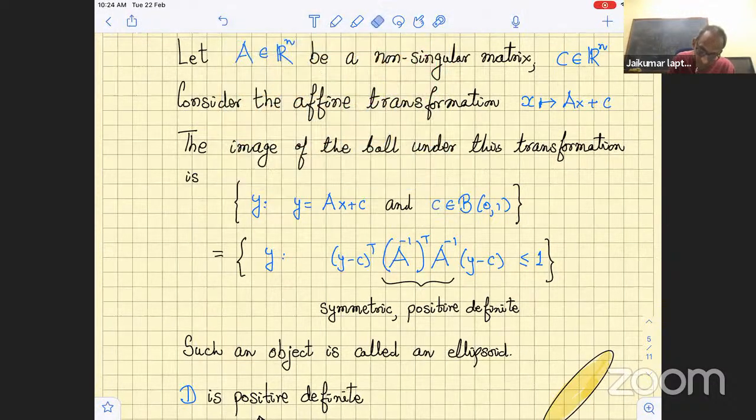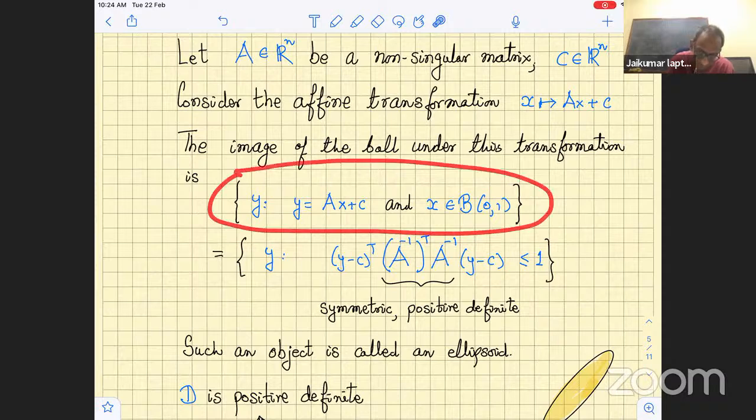Sorry, this was meant to be x there. So take a point in the ball and apply this affine transformation to it. That is, you apply a linear transformation and shift it. So we can express the ellipsoid in this form.